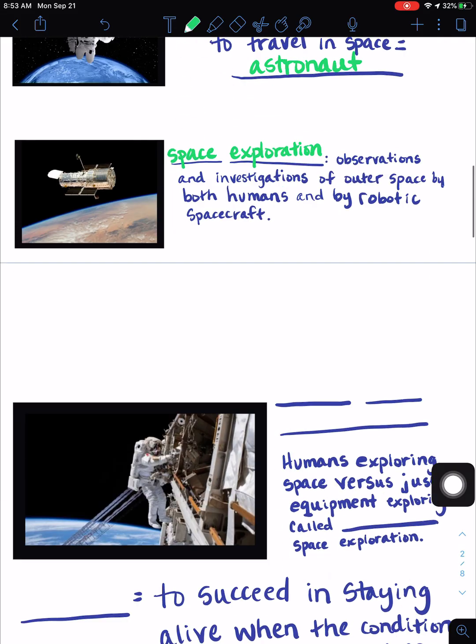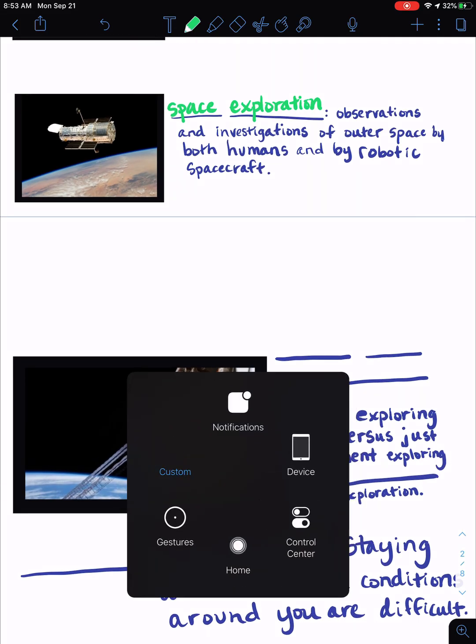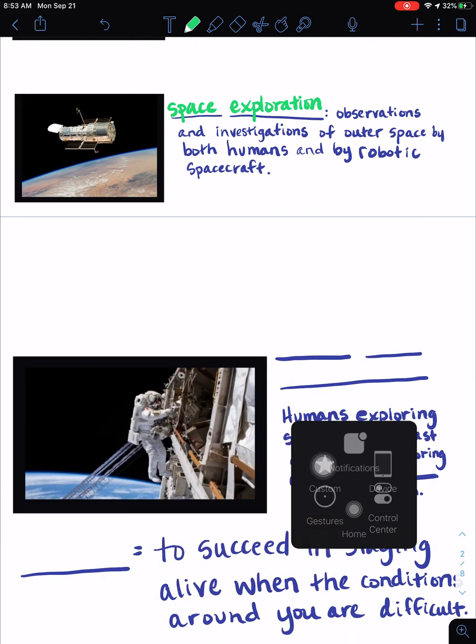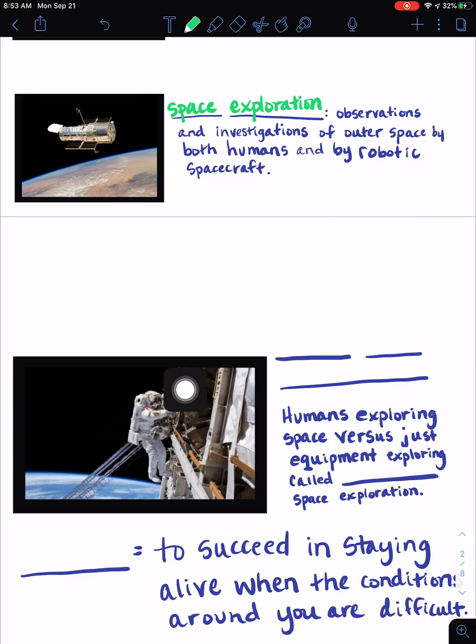So we have here an astronaut in space. And so when we send not a robot to do space exploration, we send humans, we call it a manned. See MAN is there, manned space exploration.